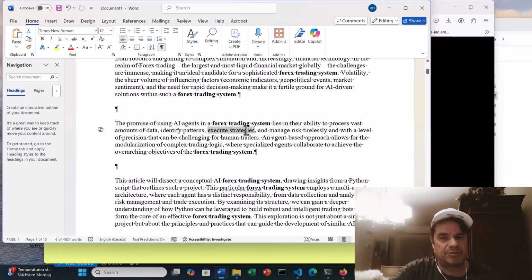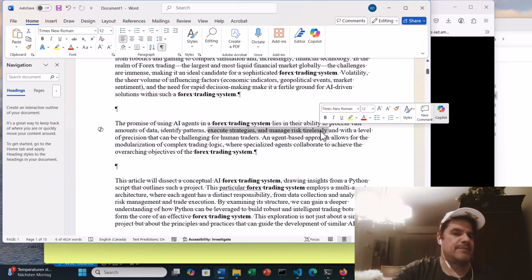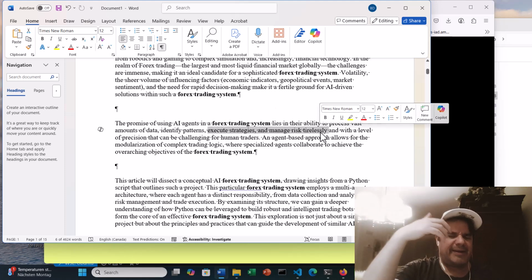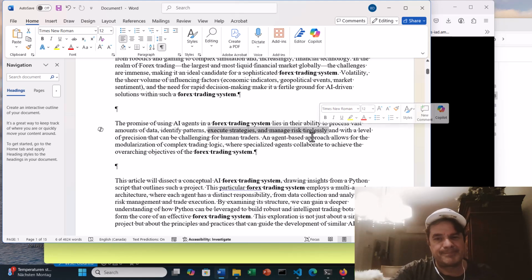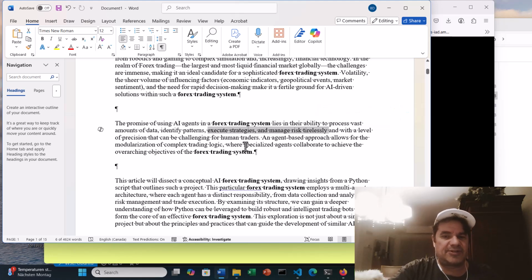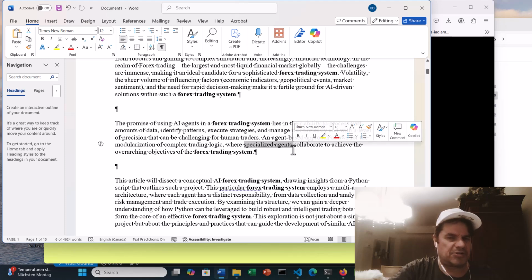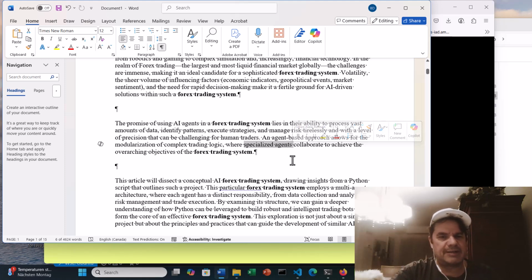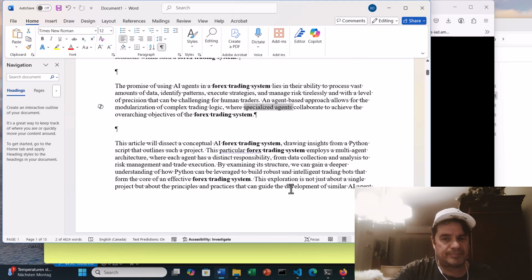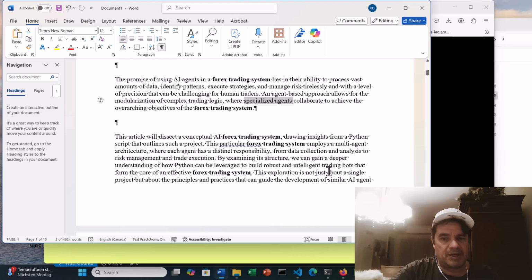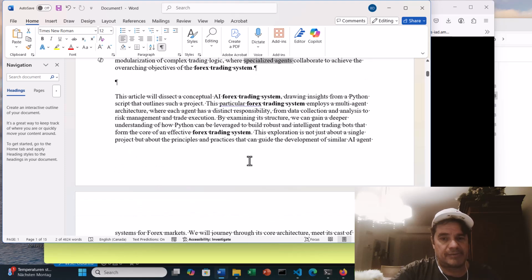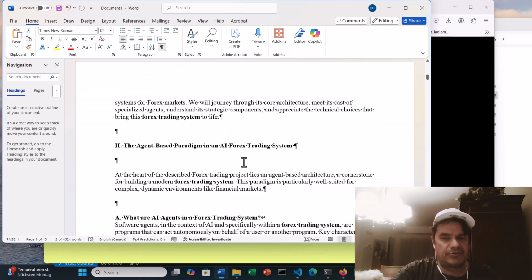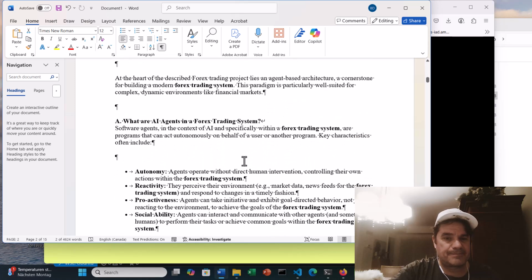We have multiple strategies, manage risk tirelessly, and it just doesn't stop. As I said, there are specialized agents for certain types of functions within this type of trading system. So we go through all this fun stuff.